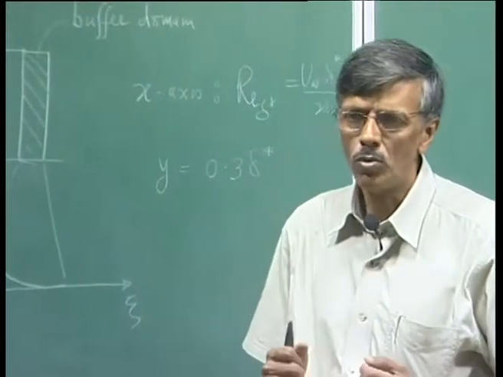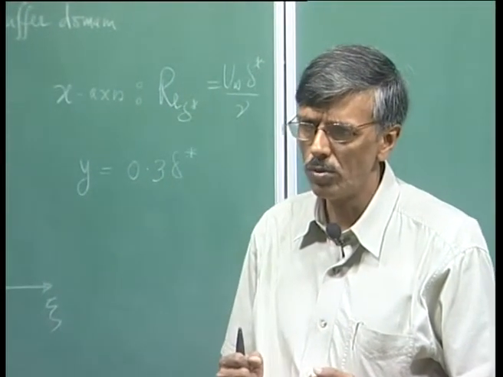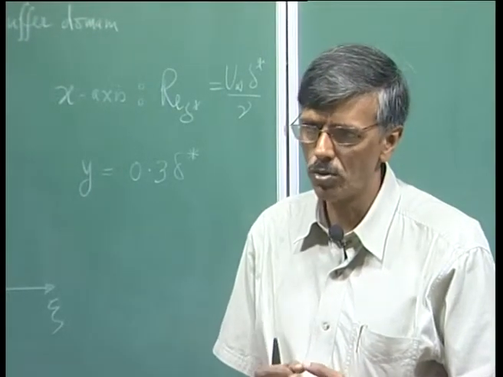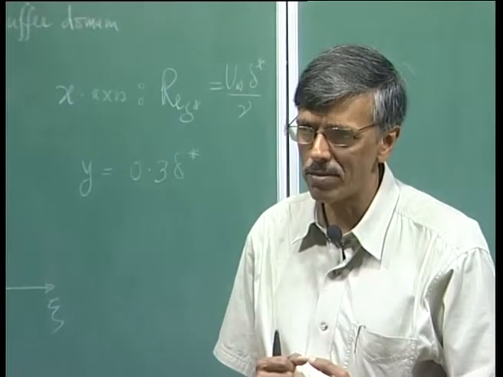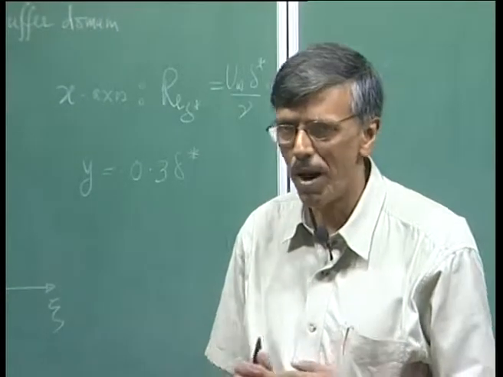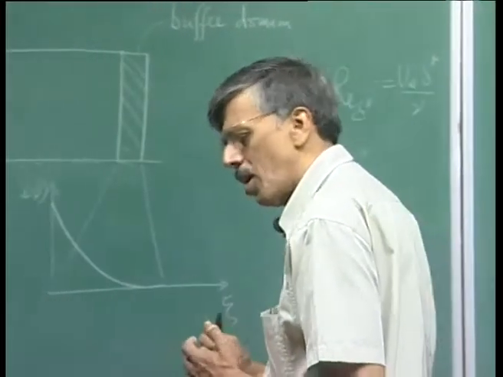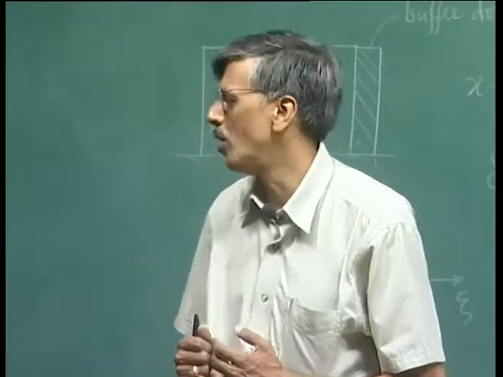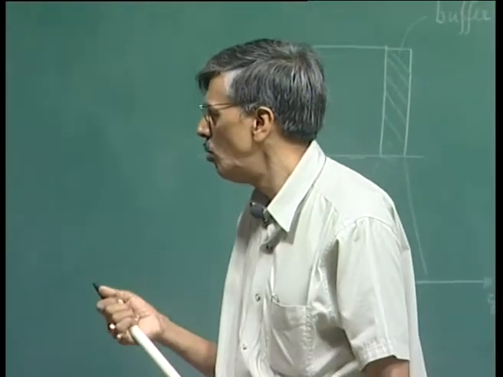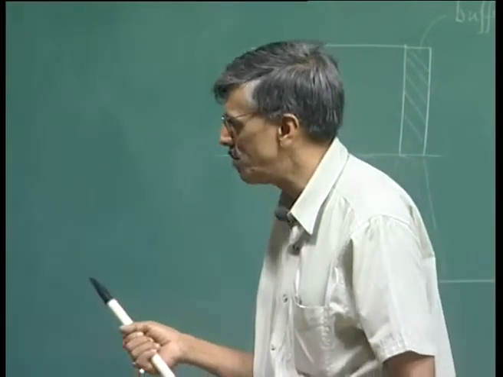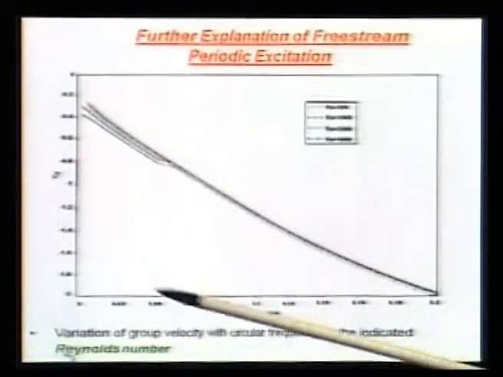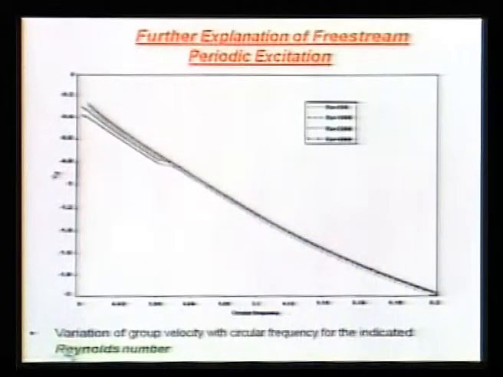So if I talk about c equal to 1, and if I talk about a as 100 pi, then omega naught works out to 0.02. What I have done here is show you a plot of the group velocity versus the circular frequency, and 0.02 is here.